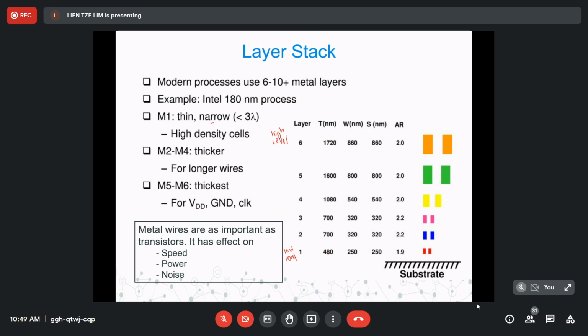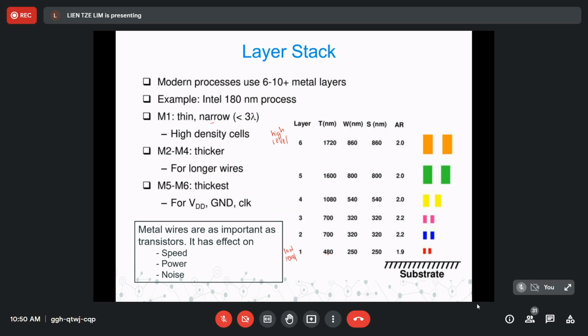So the higher level layers should be able to carry larger current over a long distance. M5 and M6 are thicker layers for VDD, ground, and clock. So different metal layers have different functions.